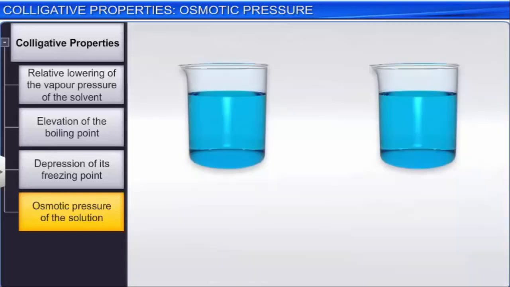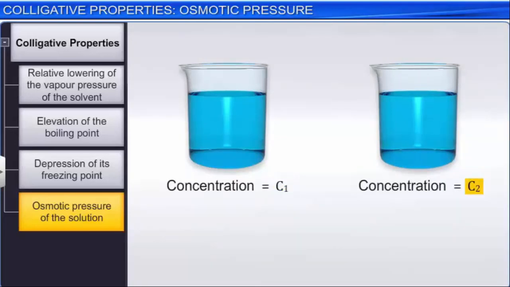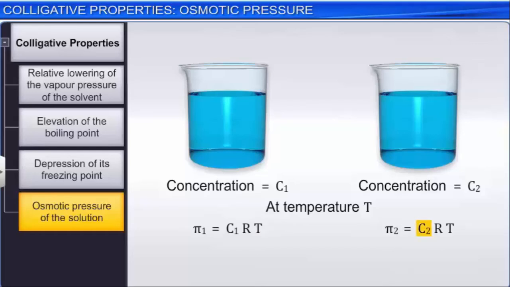Let us consider two solutions with concentrations C1 and C2 at temperature T. Then osmotic pressure for the first solution, pi 1, is equal to C1 multiplied by R multiplied by T. While osmotic pressure for the second solution, pi 2, is equal to C2 multiplied by R multiplied by T. Now, if the solutions have the same concentrations, that is, if C1 is equal to C2, then pi 1 becomes equal to pi 2.